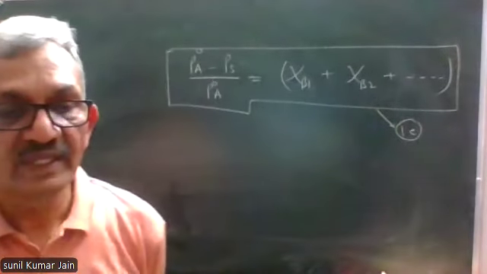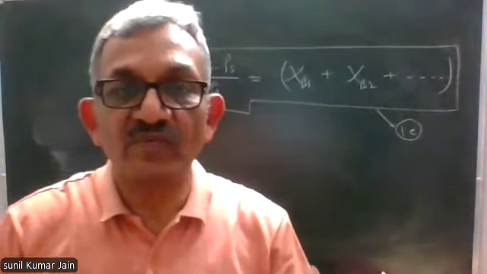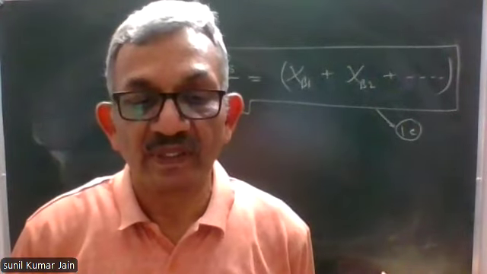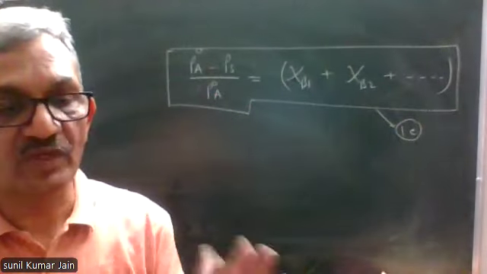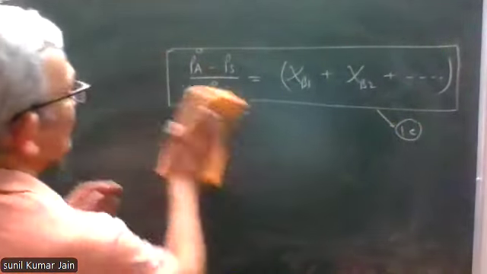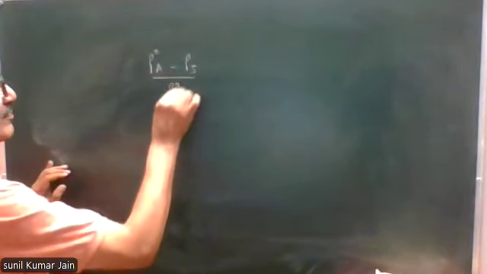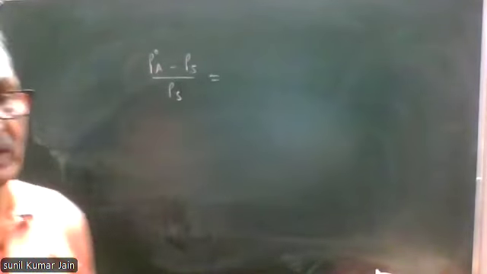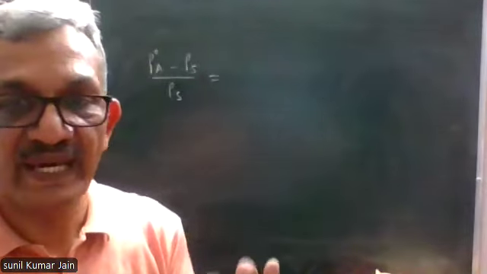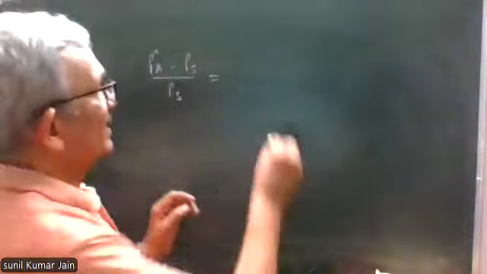Also, equation 1B will be modified as follows. P0A minus PS upon PS is equal to, earlier it was NB divided by NA, right?